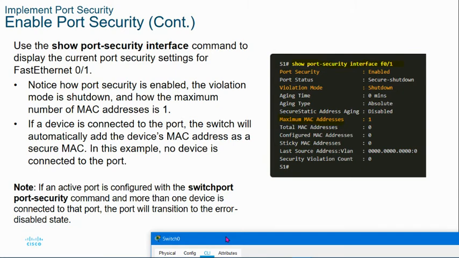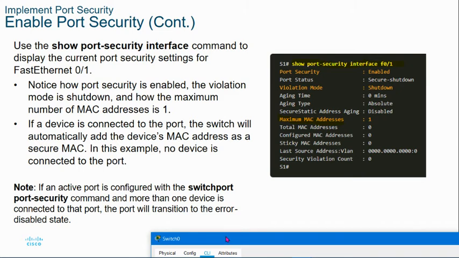If an active port is configured with the switchport port-security command and more than one device is connected to the port, the port will transition to the error disabled state. For example, we set the port to allow only one device on that port.